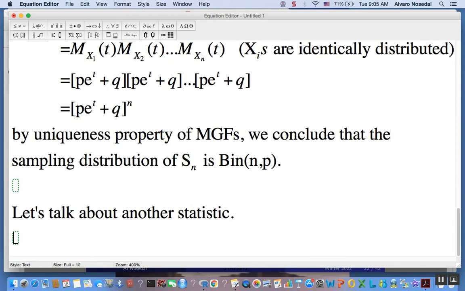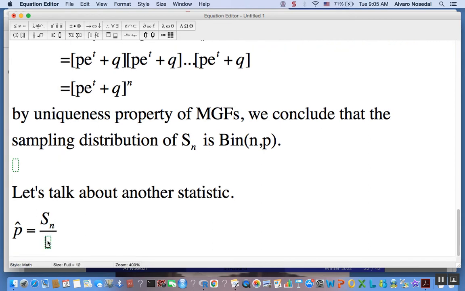Let me define p hat. p hat will be this. We're going to define it as Sn divided by n. Okay?